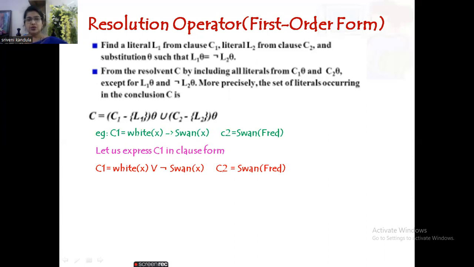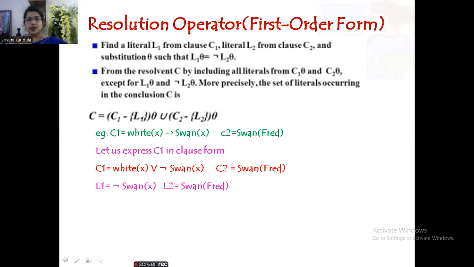So now what I should do from C1, I have to identify the literal first. What is L1? L1 is negation of Spam and L2 is Spam of Fred. Okay, so here the same literal is in negated form. So like this we are selecting.